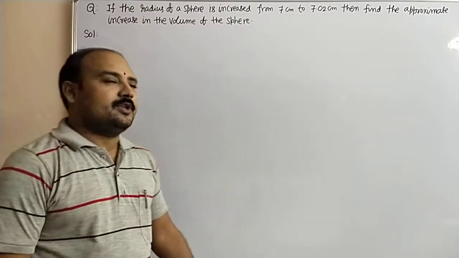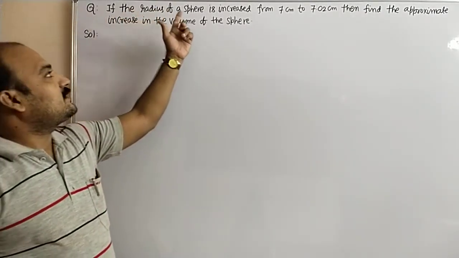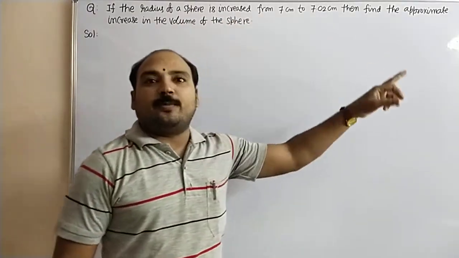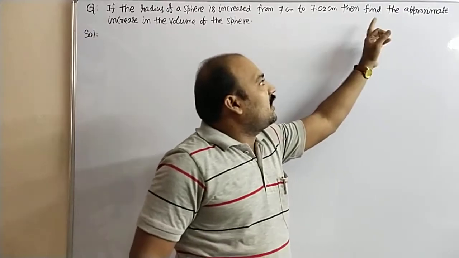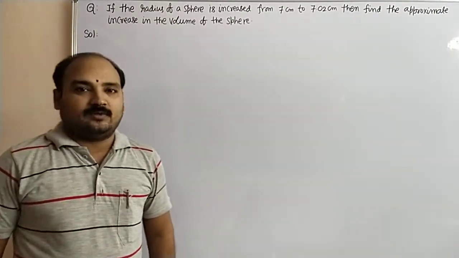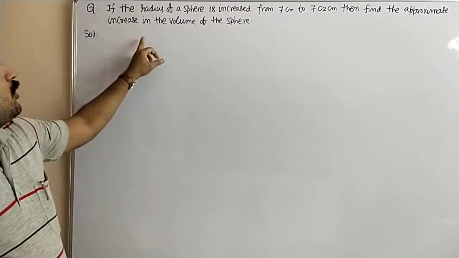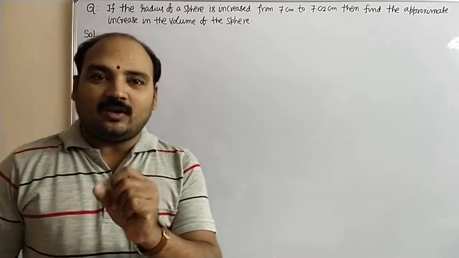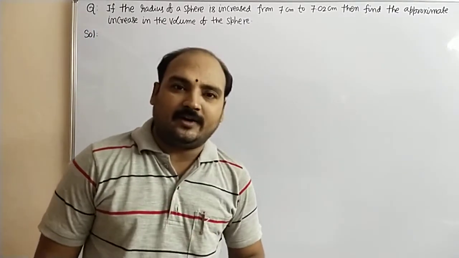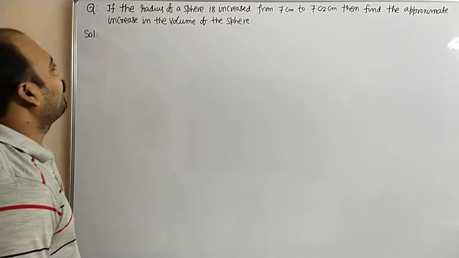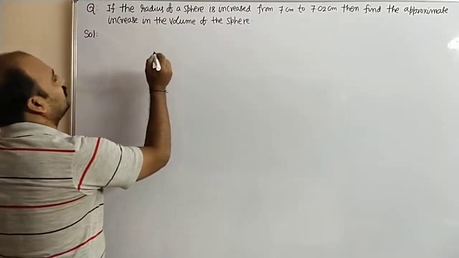Next question, dear students. If the radius of the sphere is increased from 7 centimeters to 7.02 centimeters, then find the approximate increase in the volume of the sphere. That means delta V we have to calculate. See here what values are given.